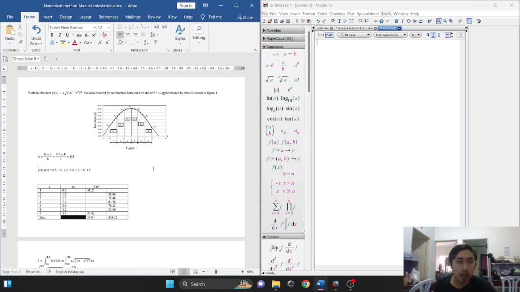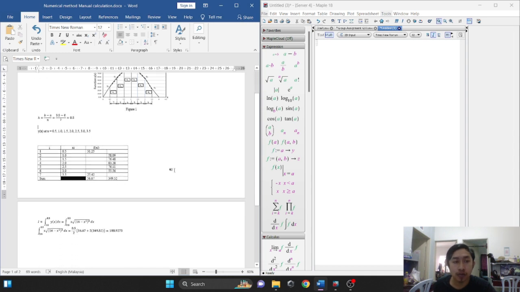Okay, so this is the limit, starting point 0.5 until 3.5. So the equation is y(x) equal to x square root of 16 minus x squared, power of cube.